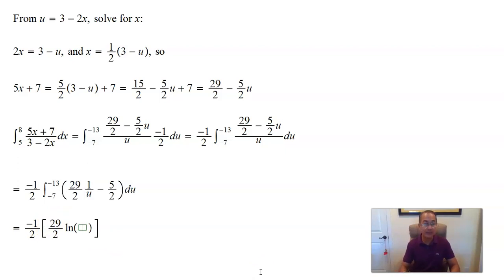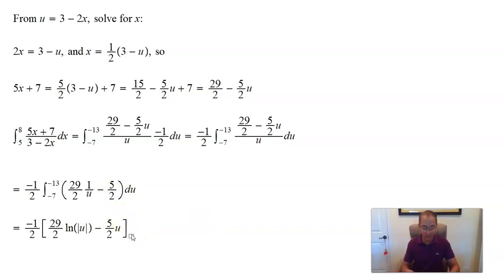Let me put in the absolute values here. I had to dig up that symbol from my symbol bar. And we have a minus 5/2 of u. No absolute values. 5/2 is just a constant. Think of it as a separate integral. You just have a minus 5/2 u.